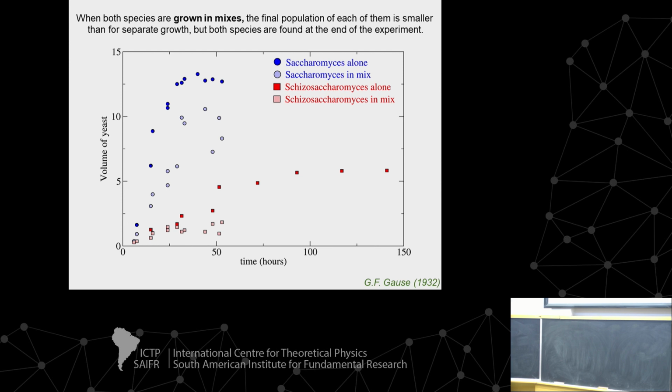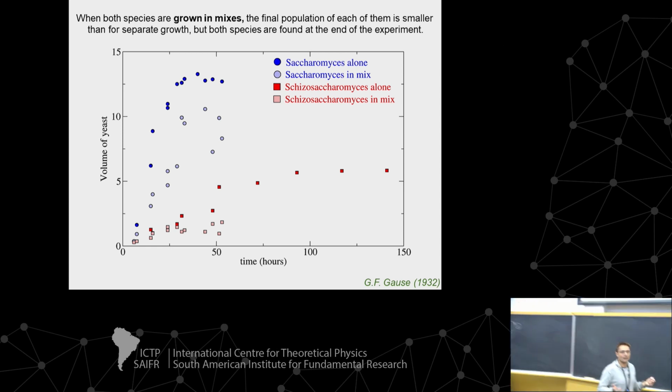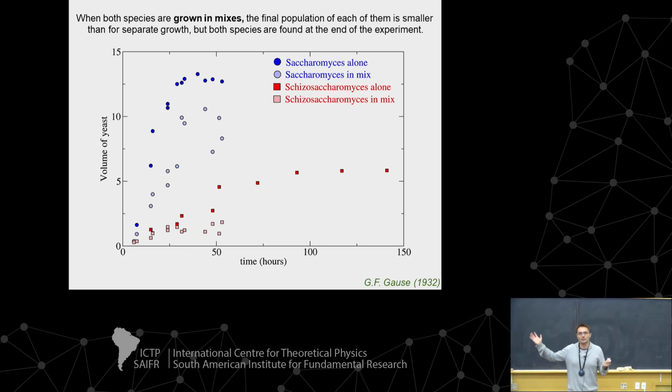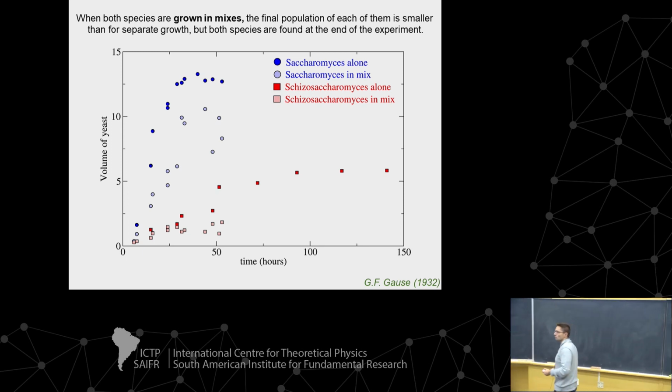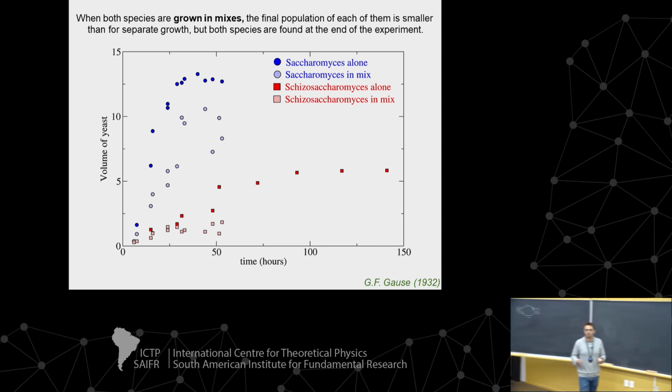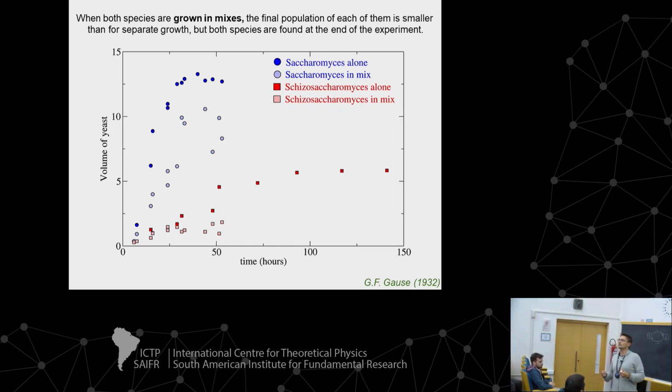So if we have a species 1 and a species 2, a competitive interaction is basically that 1 is inhibiting the growth of 2, and 2 is inhibiting the growth of 1. Do you have in mind any example that you could give me of this competitive interaction in nature? Foxes and rabbits?